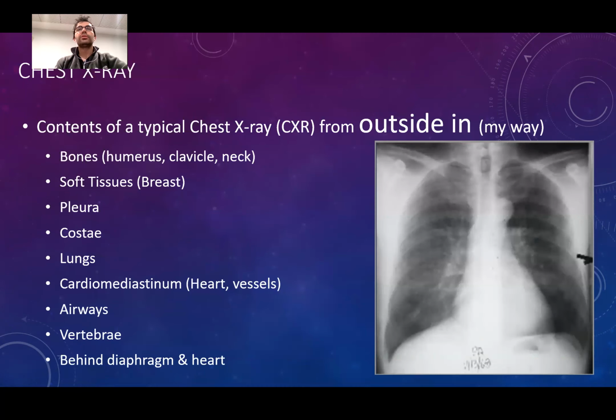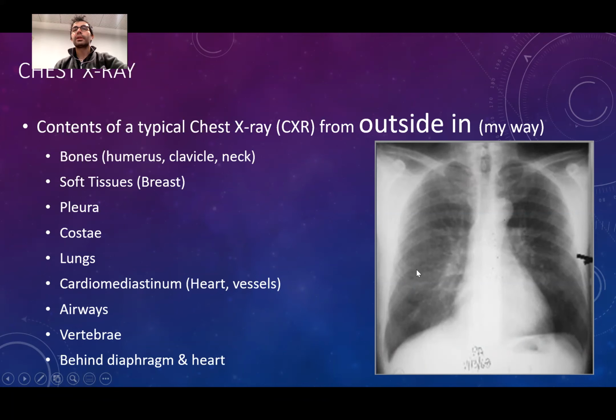Or I usually do it in a geometrical manner. I start from outside and I end up in the vertebra in the very end and behind the heart and diaphragm. Personally, as a radiologist, I start from the most lateral space, looking at the bones of humerus, clavicle, and the scapula. I look at the soft tissues of the neck and the chest. When I go in, I always evaluate the costophrenic angles, and I look at the pleural space, pleural linings, if I can see something.